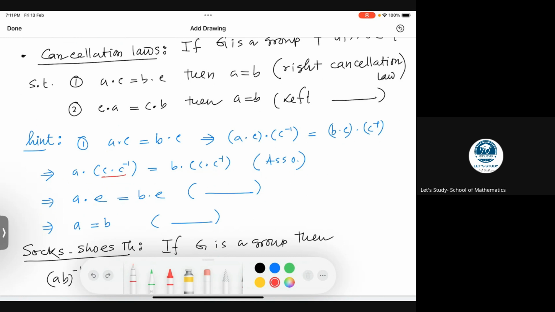Then we have A into identity is equal to B into identity. And since E is the identity element, A into identity means A and B into identity means B. So from the equation AC equals BC, we have A is equal to B. Similarly, you can prove the second part also. Okay.